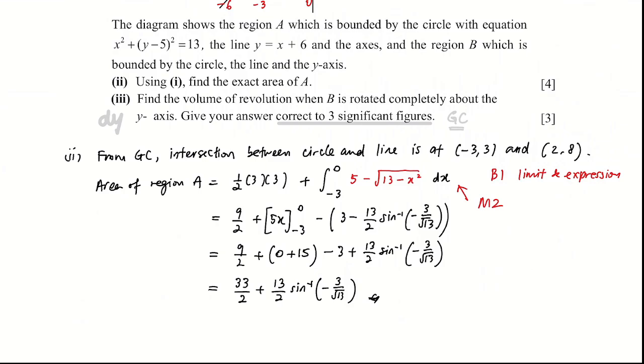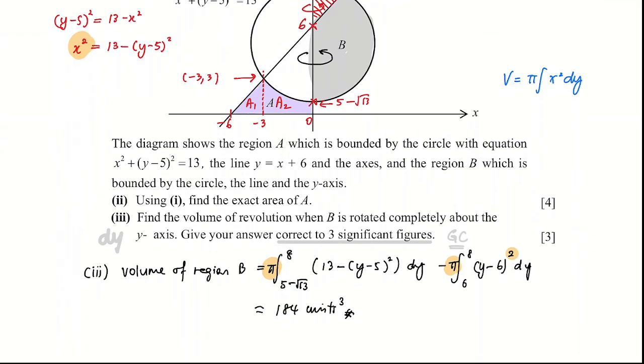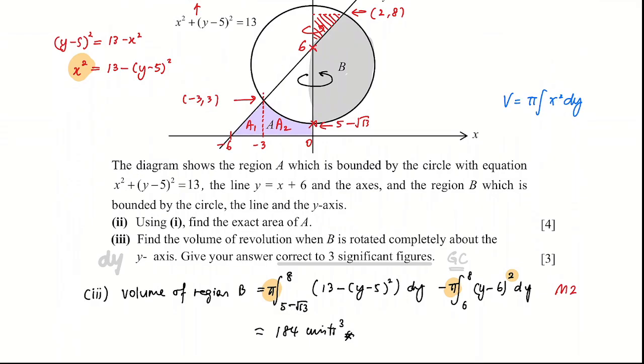Last but not least is the final answer. Then for part 3, where will your 3 marks go? Your 2 marks will come each for your integral, or you may take bigger volume minus smaller volume as 1 mark, and then the correct formula as another mark. This one is flexible for the examiner to mark. Last but not least, 184 as the final answer.